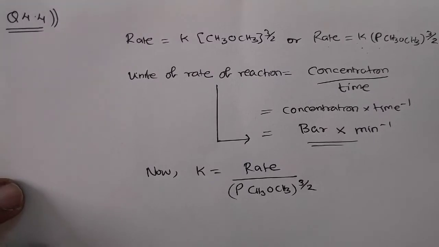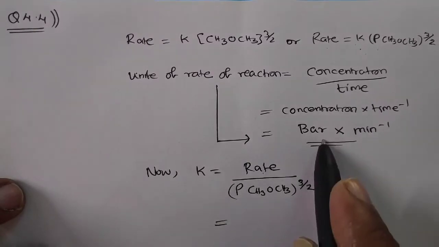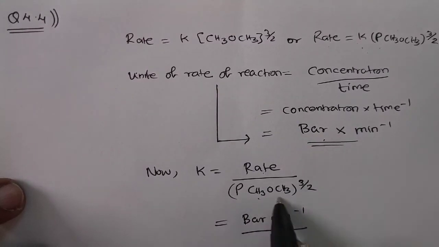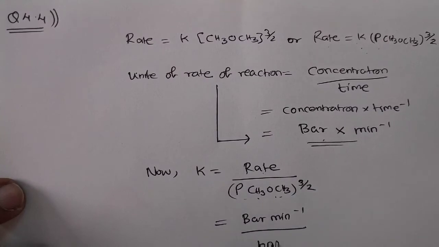Now, the rate unit is bar minute inverse, whole upon the partial pressure given in bar, so bar raised to 3 by 2. Understood?